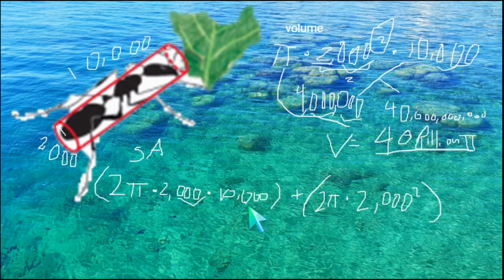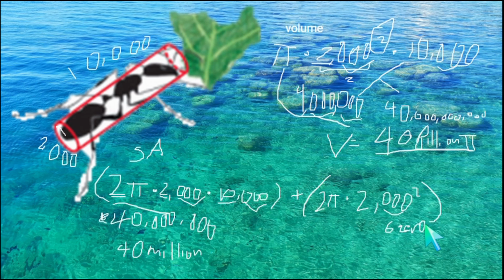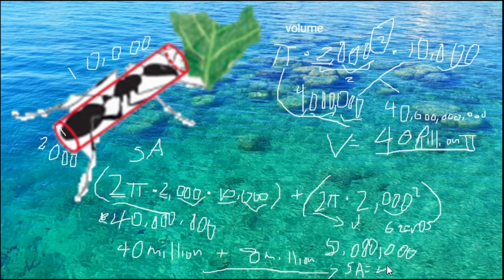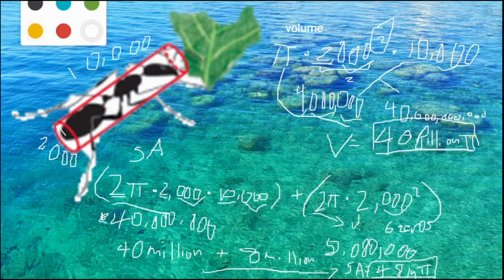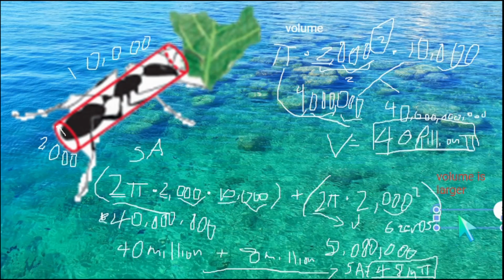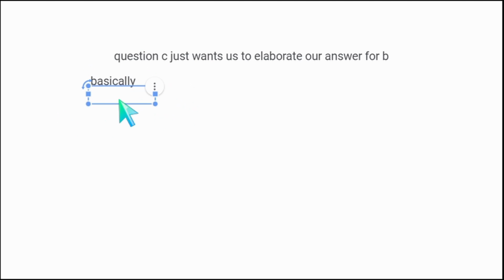And then for surface area, we substitute again, except we get 48 million as opposed to 48 billion. That's because we're not multiplying everything by each other, we're also adding things together. So it amounts to less. The surface area is less than the volume. The volume's larger, so the ant died, unfortunately. But that makes sense because you don't have ants that are 10 meters tall. That's just crazy. That's taller than a human being.